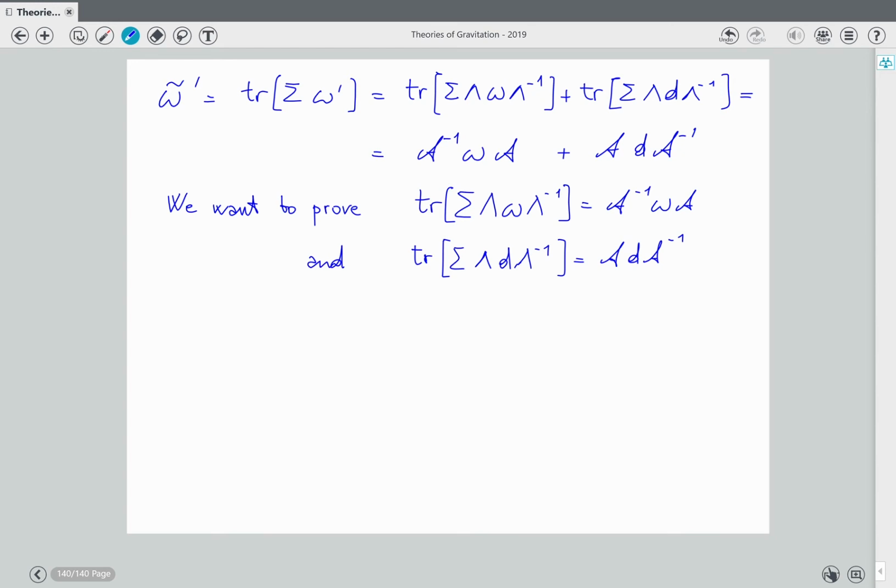And since it is a trace, by the cyclicity of the trace, that is also trace of lambda to the minus 1 sigma lambda omega.